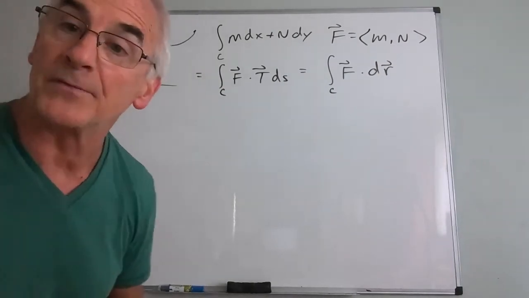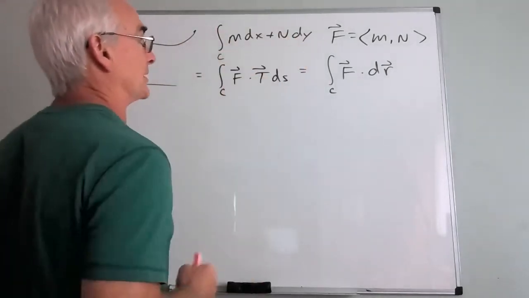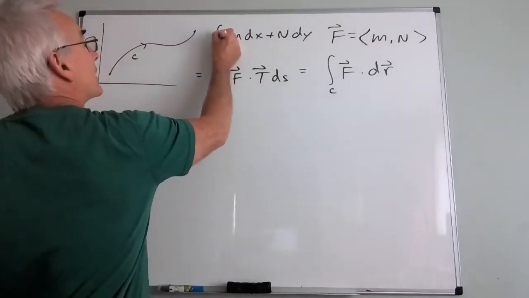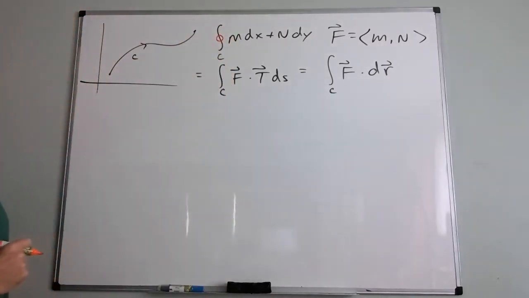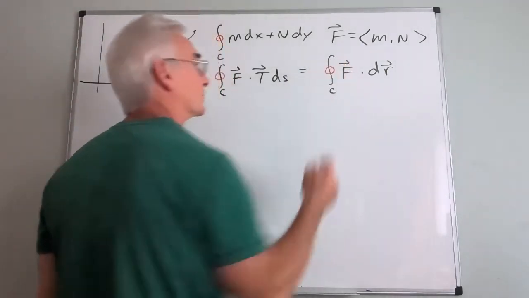So let me throw a what if at you. What if, okay, this picture goes with these 3 integrals. What if instead of this, I have a closed loop? Well, then that means that this is a closed loop, and this is a closed loop.